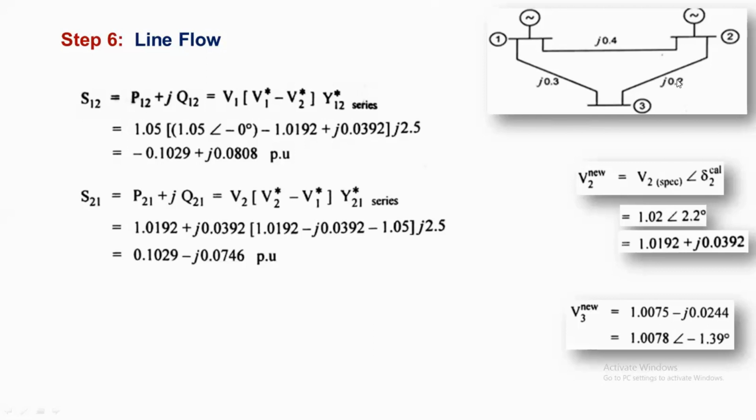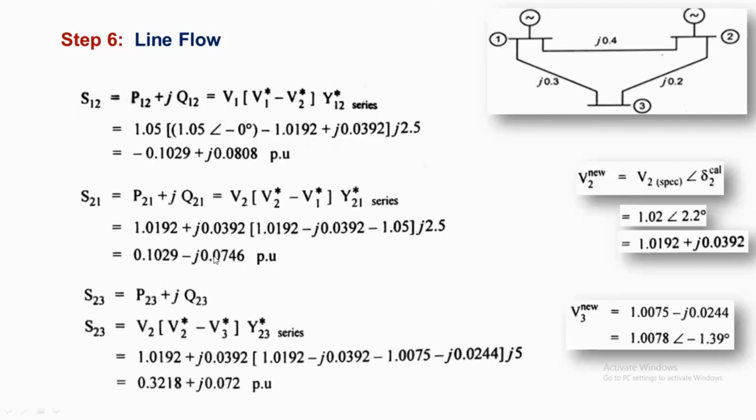Then the next line, 2 to 3. The formula becomes V2 star minus V3 star, Y23 series star. Here V2 is this. Then V2 star is the conjugate of this value, just put a minus sign for the imaginary part.